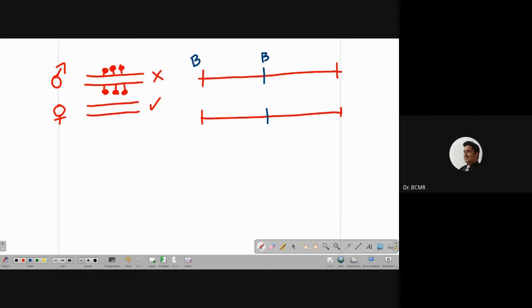This is another BamHI site, and this is a BamHI site. Or I will change it a little bit. Sorry. I'll put this as an EcoRI site. This is an EcoRI site, EcoRI site, EcoRI site, and BamHI and EcoRI site.